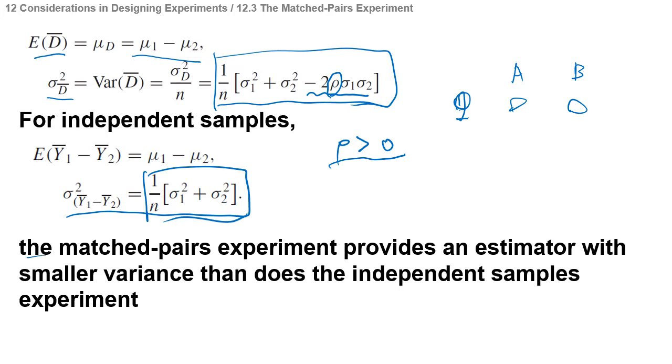So the matched pairs experiment provides an estimator with smaller variance than the independent sample experiment. That is because many times for the paired experiment, the correlation coefficient is greater than 0, so the variance estimate is smaller than for the independent sample. You should know this.